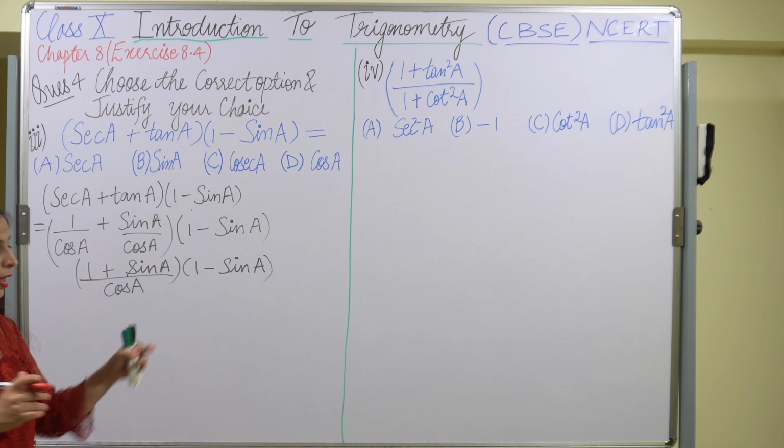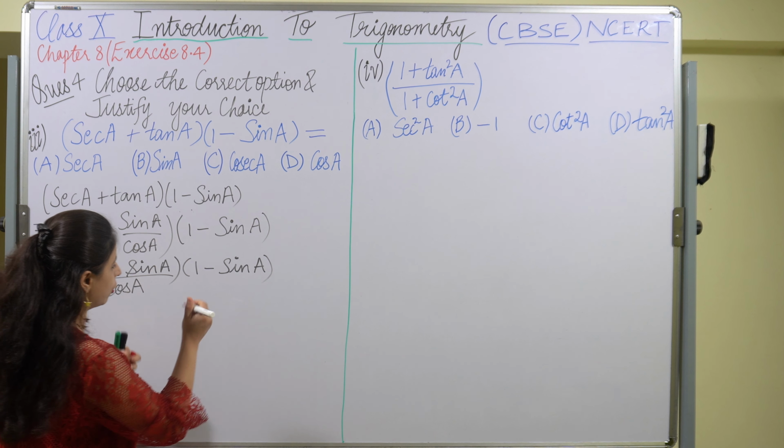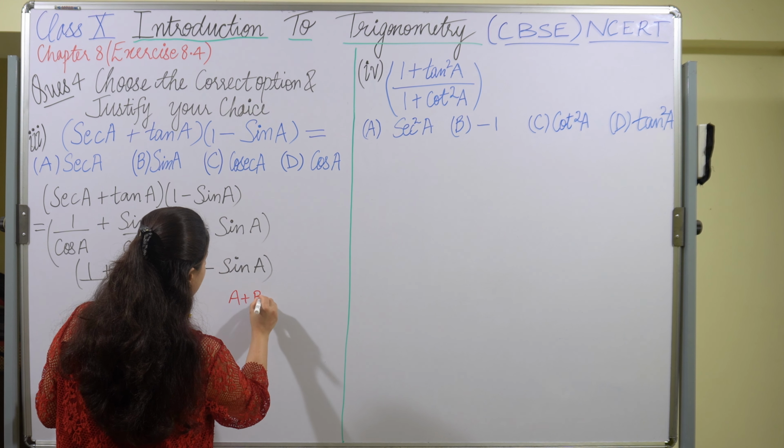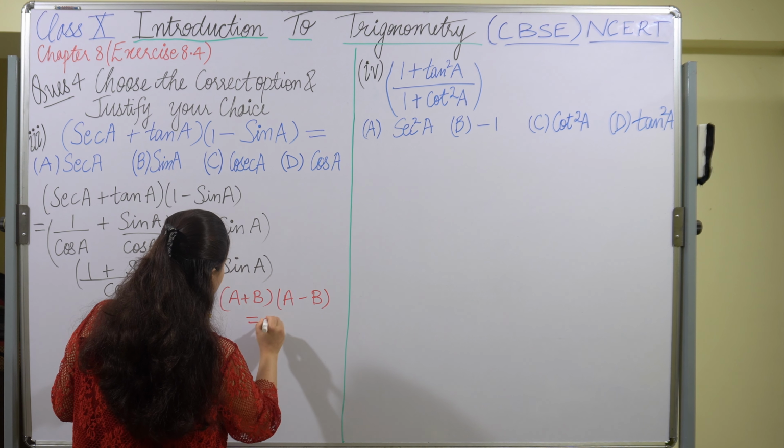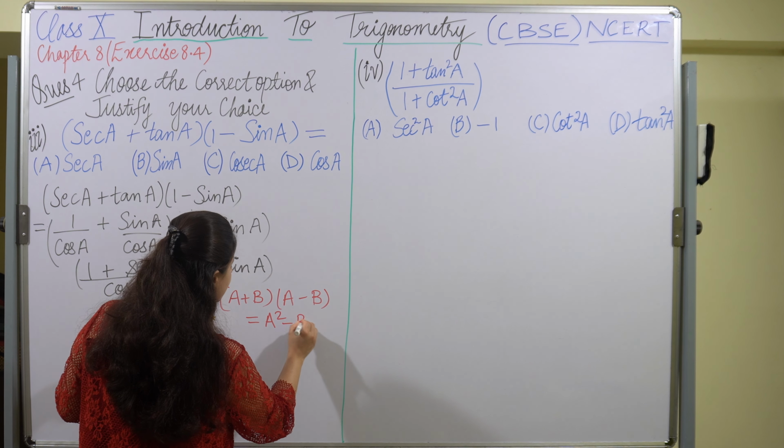It forms the formula for A plus B into A minus B, which is equal to A square minus B square.